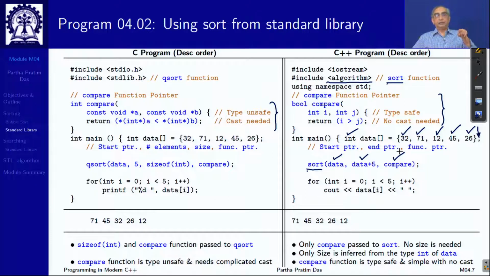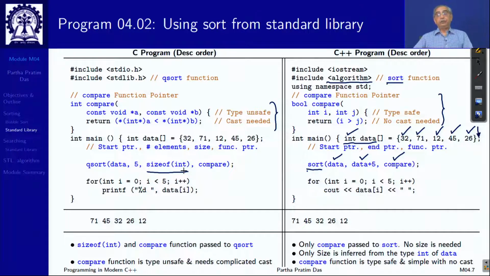When you use it for int type, which is known from the type of the data array that you have declared. Interestingly, if this were an array of double, the compiler will generate code for double. If it were for a user defined structure, the compiler will generate code for that user defined structure, wherein by the type you will know what is the size. So, it is not necessary to pass this third parameter which you require for the qsort, right.